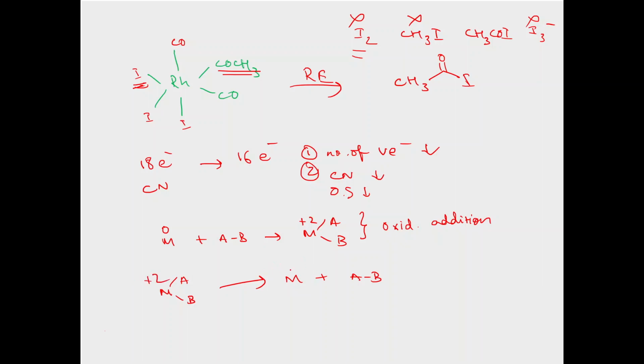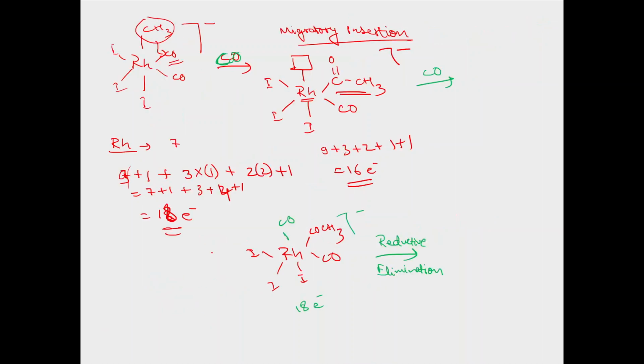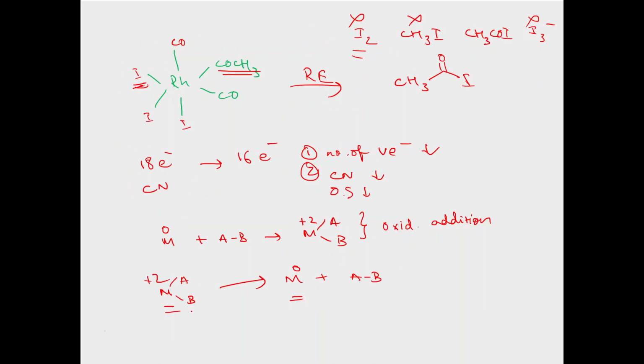So what happens in reductive elimination is the oxidation state decreases. We can see that here A and B were coordinated, now A and B are coming out together. So the coordination number also decreases. And as we saw in this case, earlier it is an 18 electron complex, but if CH3COI comes out, then it will become a 16 electron complex. Okay. So here they are asking what is the elimination product.